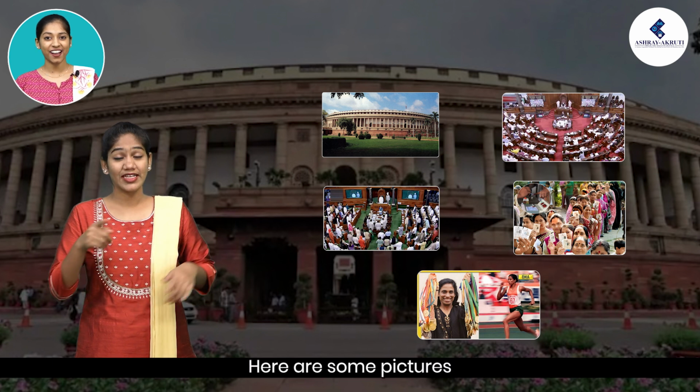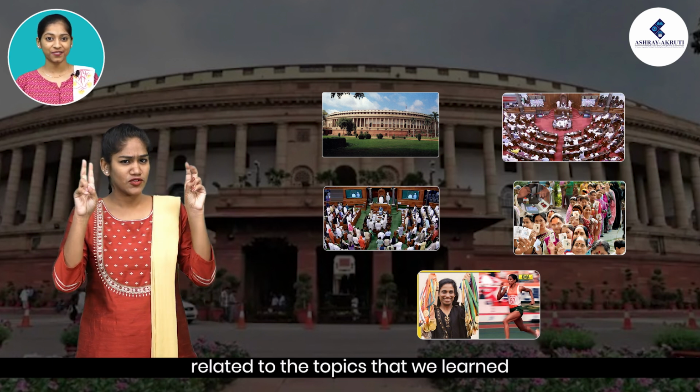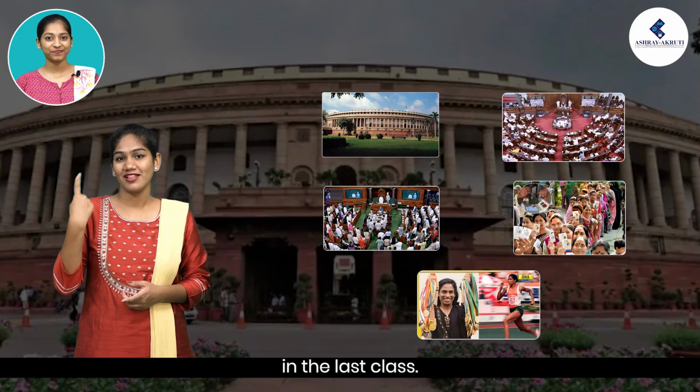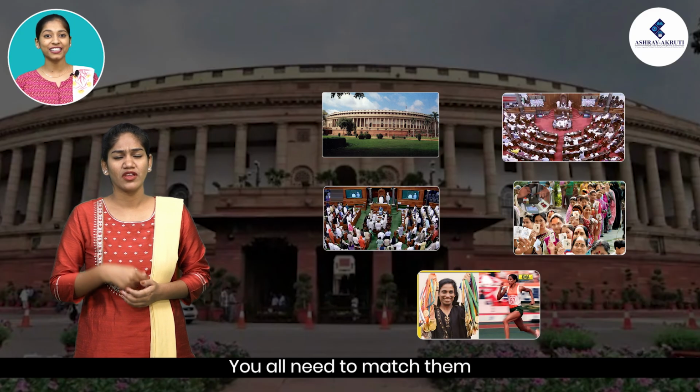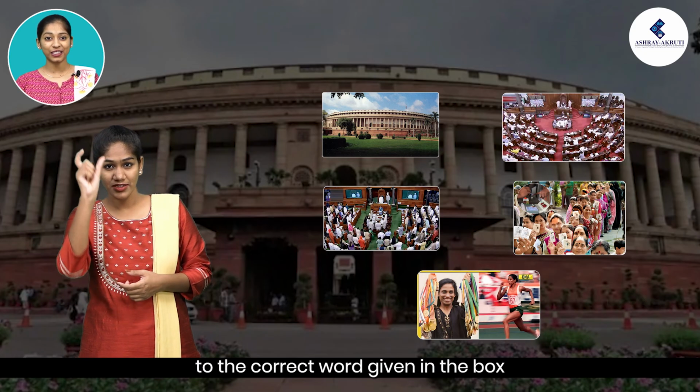Students, here are some pictures related to the topics that we learned in the last class. You all need to match them to the correct word given in the box.